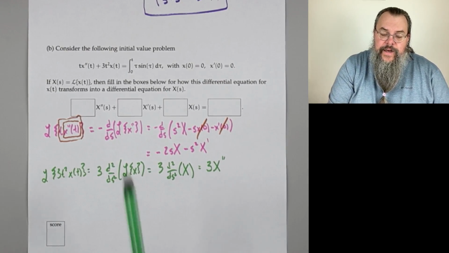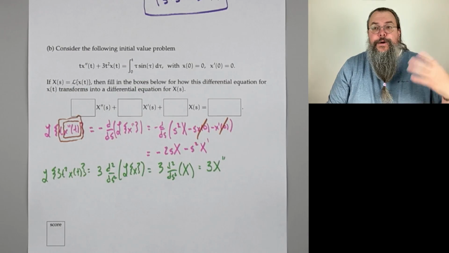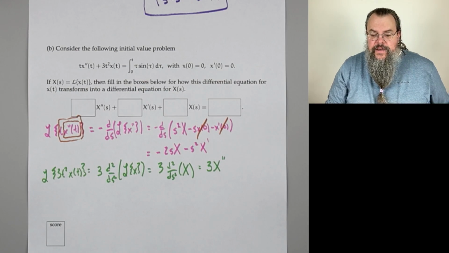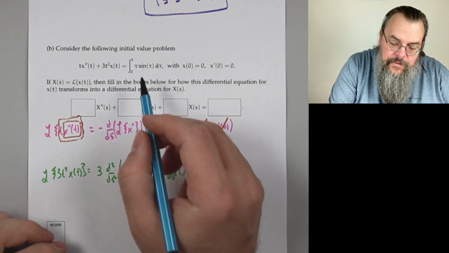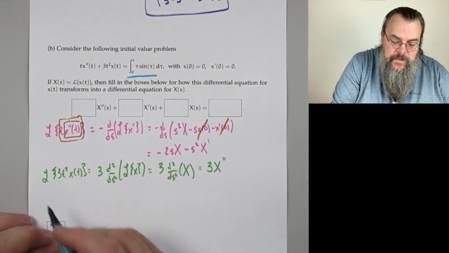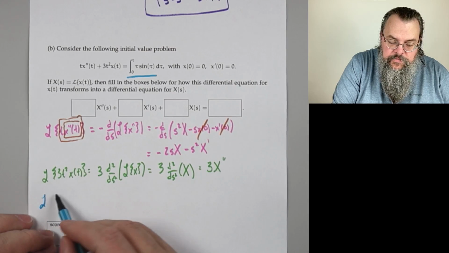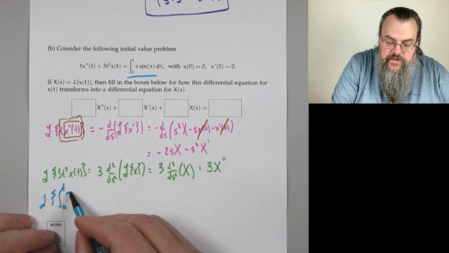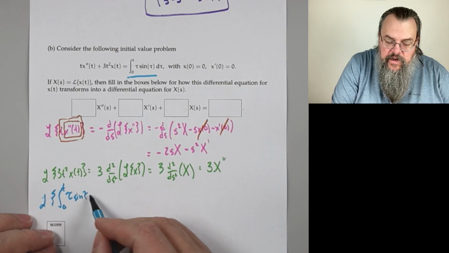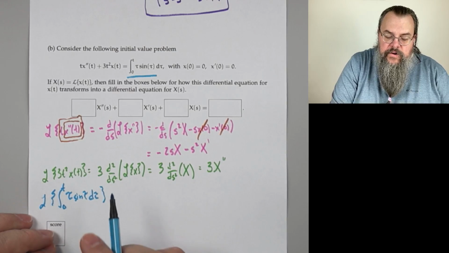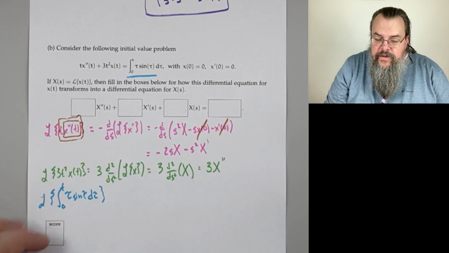Now, that's the left-hand side, but we still have the right-hand side. Okay, now we have this layer. All right. So that's the Laplace transform of integral 0 to t of tau sine tau d tau. Now, again, layers here.